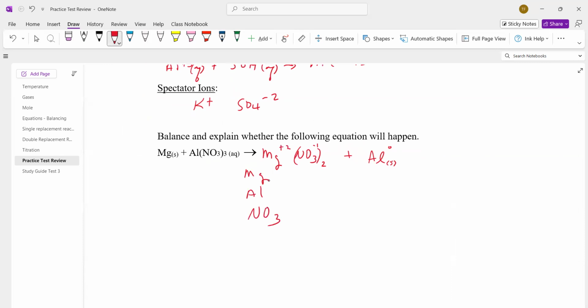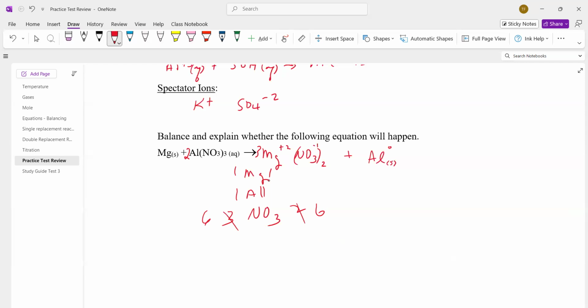Okay, so we've got 1 and 1 for magnesium. Aluminum, 1 and 1. Nitrate, 3 and 2. So we have a problem. So let's kick this up to 2 and this up to 3. That gives us 6 and 6 nitrates.